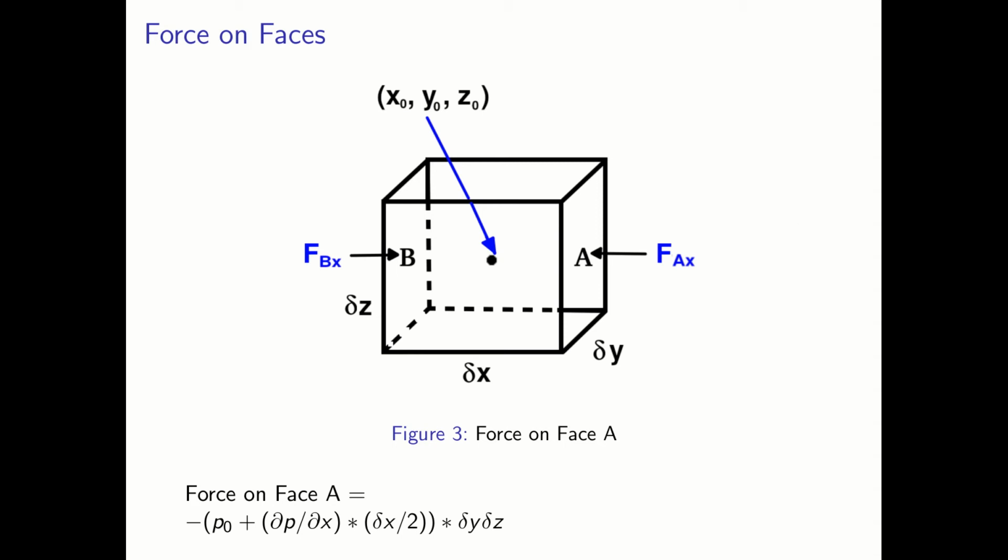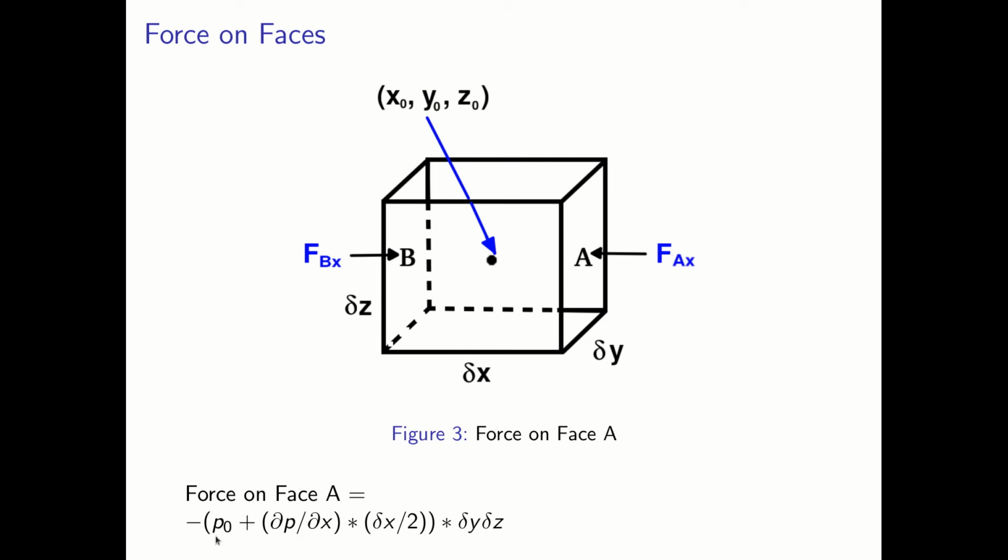So given the pressure on the face A to be P0 plus del P by del x into delta x by 2, we want to calculate the force. So pressure is basically force per unit area. So the force itself is pressure into area, and the area of the face A is delta y into delta z.